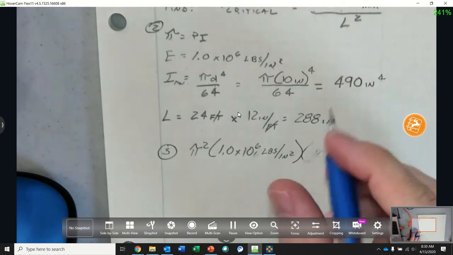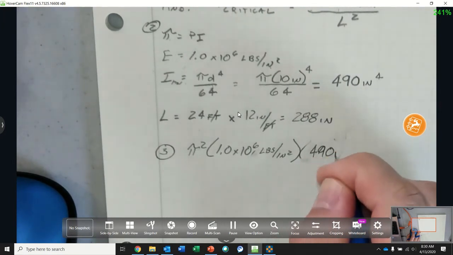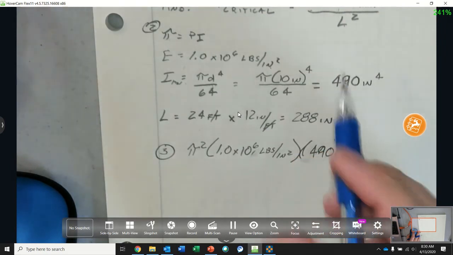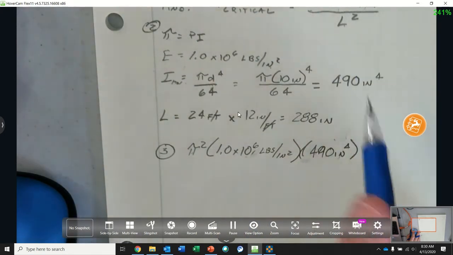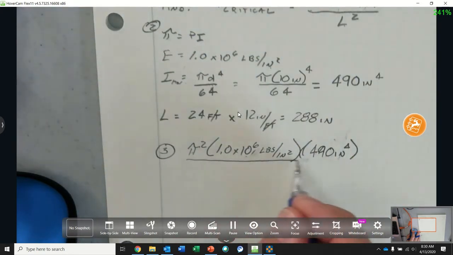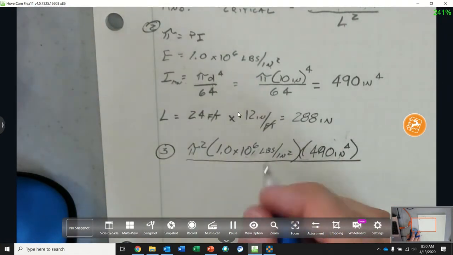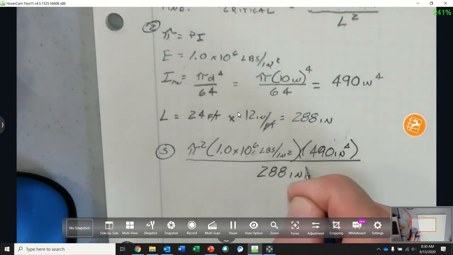Times I, 490 inches to the fourth, divided by my length squared, inches squared.